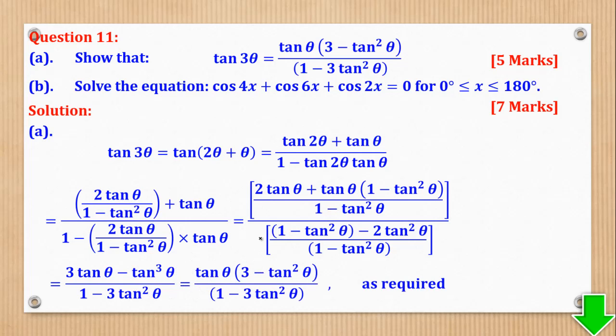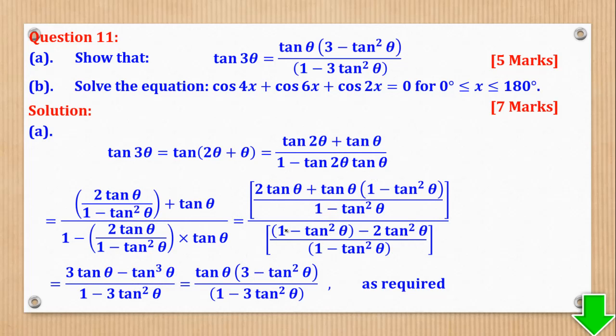But they are simplified. If you look at this, this one is 2 tan theta plus tan theta minus tan cubed theta. So 2 tan theta plus tan theta gives you 3 tan theta minus tan cubed theta. The same applies to this.